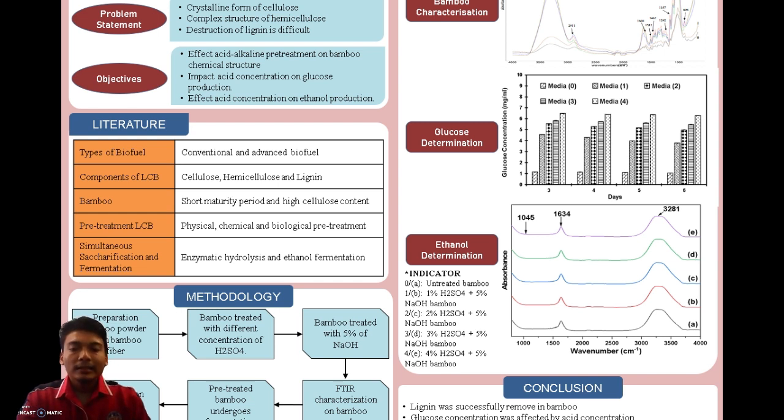For the last analysis, the availability of bioethanol was determined by FTIR. The infrared peaks formed by the bioethanol were compared with pure ethanol since both solutions have a similar functional group. From this figure, an absorption spectrum with peaks between 3400 to 3200 and 1658 to 1638.